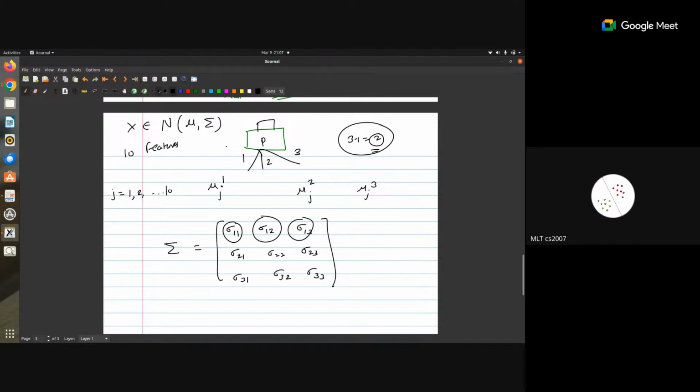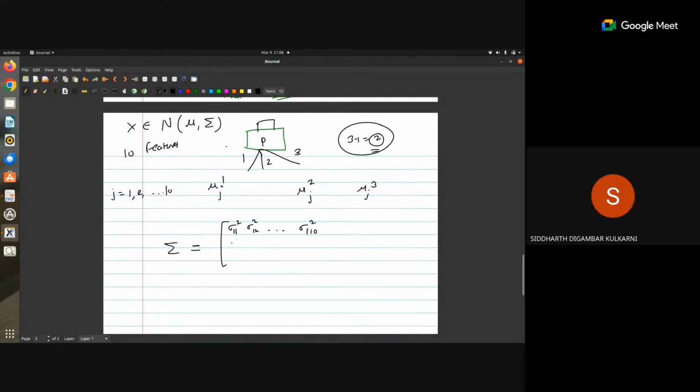Now can you tell me, if you have 10 features, how many parameters we need there? 10 cross 10 variances, right? So this matrix will be what? Basically it will start with sigma 1 1, or I say sigma square 1 2, and it will go up to sigma square 1 10.